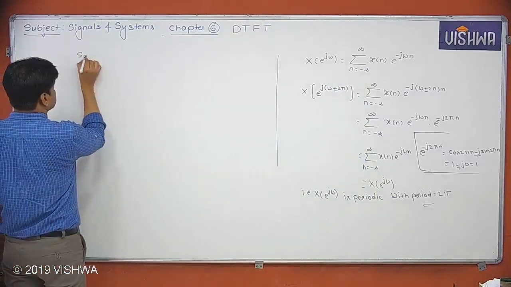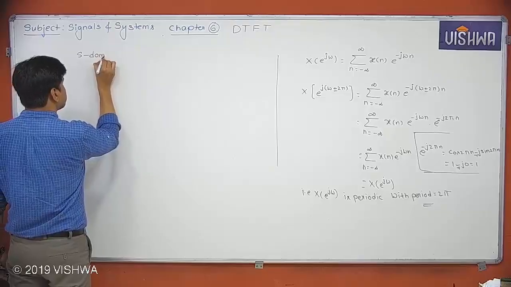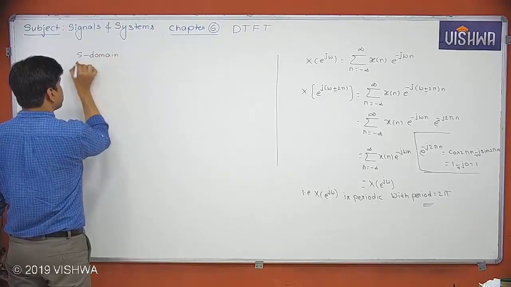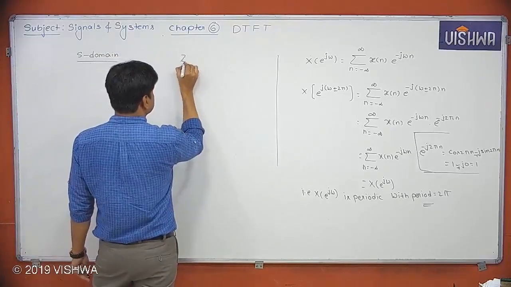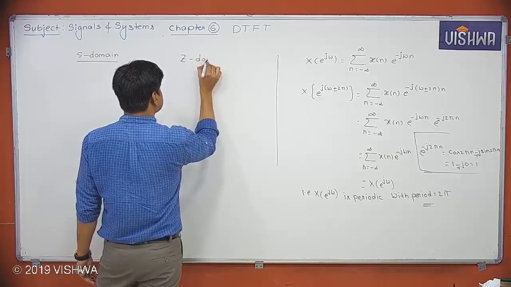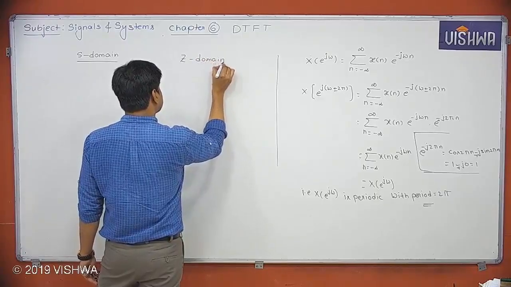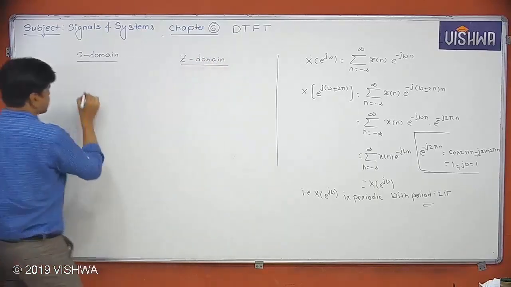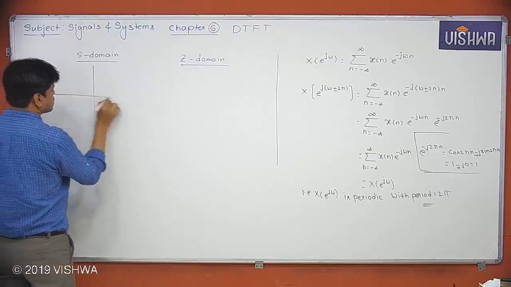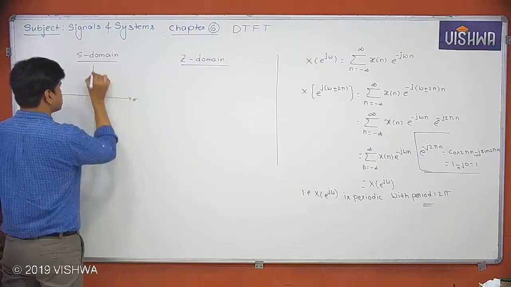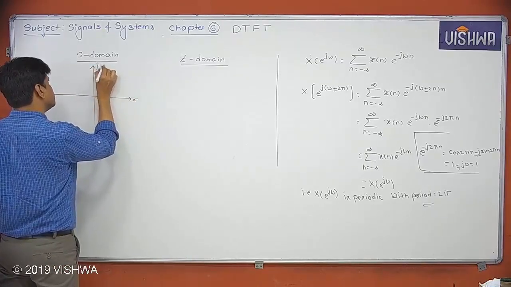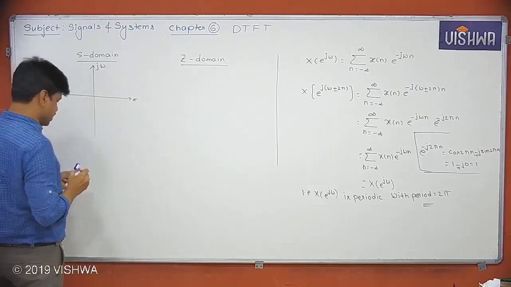Z domain. In the S domain, the reference axis is the j omega axis, which is nothing but the frequency axis.